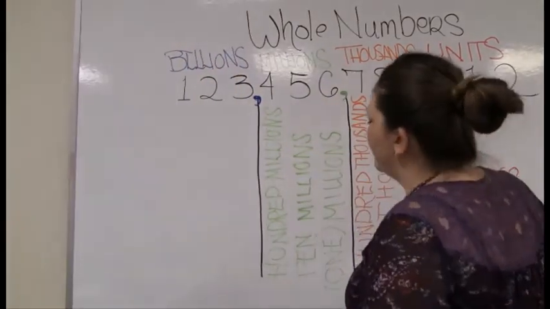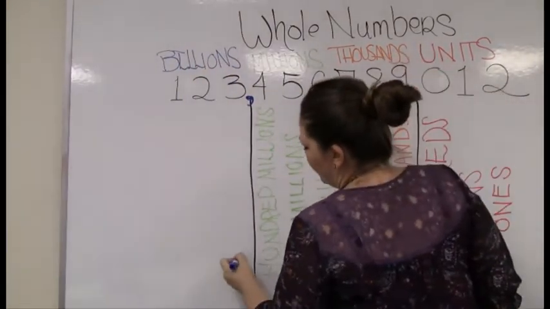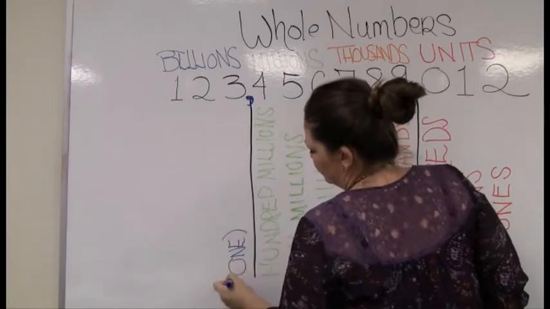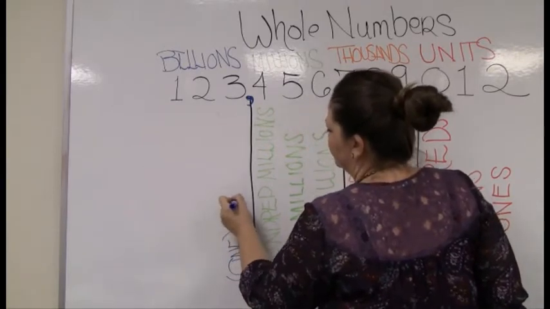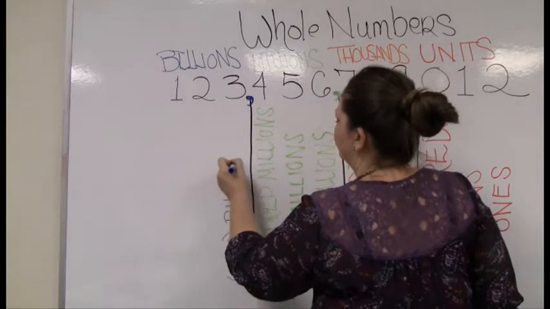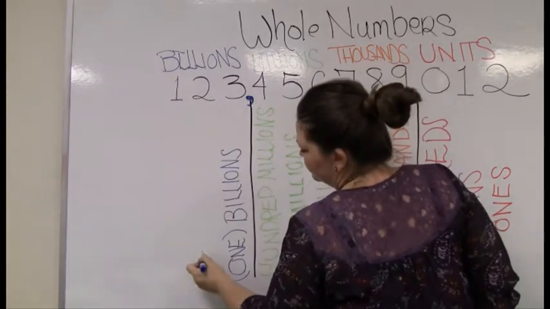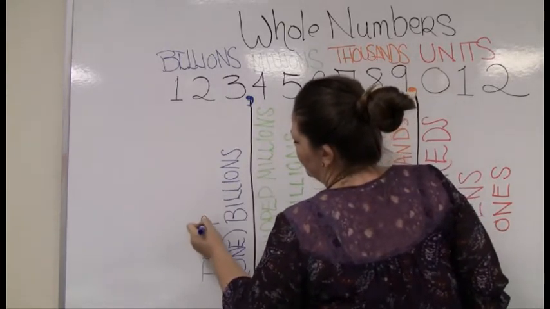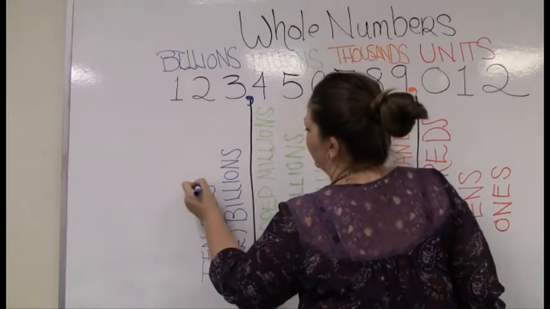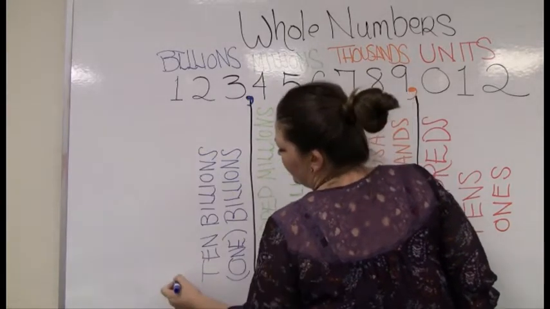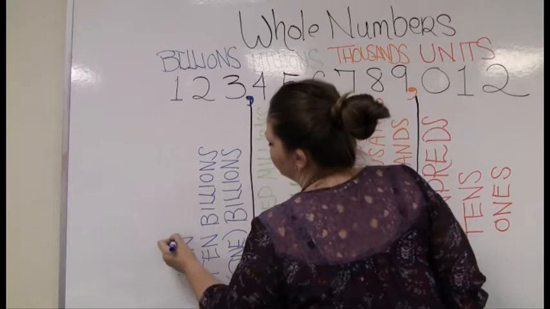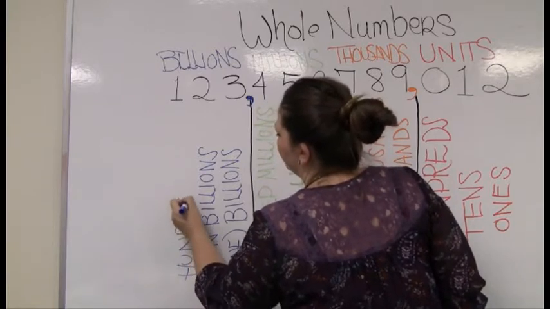But once again, our pattern continues. We have 1 billions, 10 billions, and 100 billions. Now, a lot of you are panicking already. You're thinking, Kate, this is way too much information. I can't even handle it.